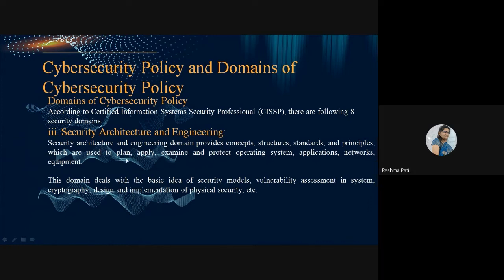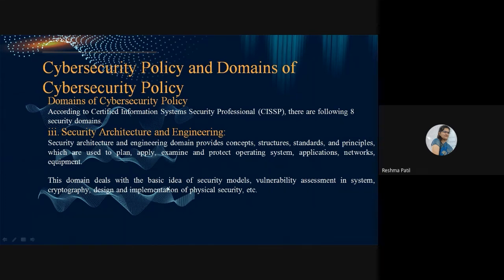So the engineering part will be there: all the planning, how we are going to apply it, how we are going to examine, how we are going to protect. To whom? Operating systems, applications, networks, equipment. So all these are assets, and how we are going to do all these things for these assets will be covered under this domain, security architecture and engineering.